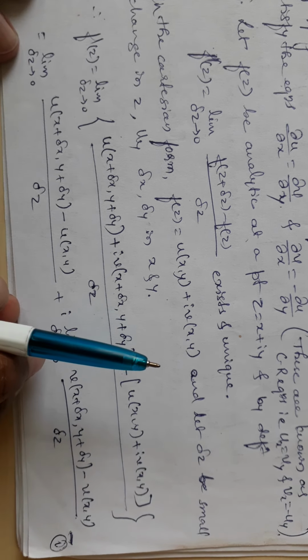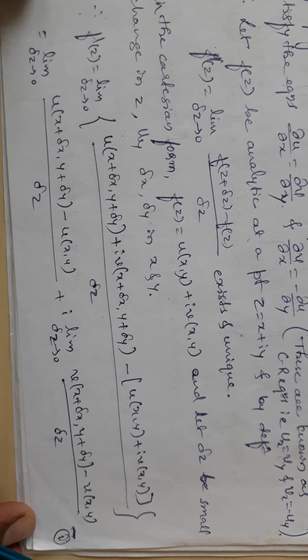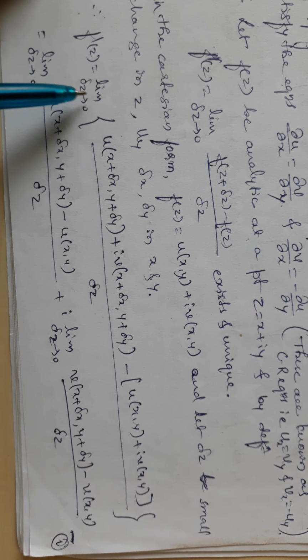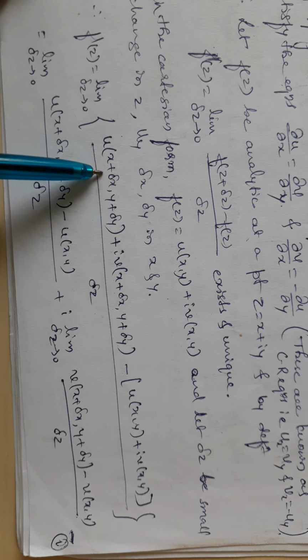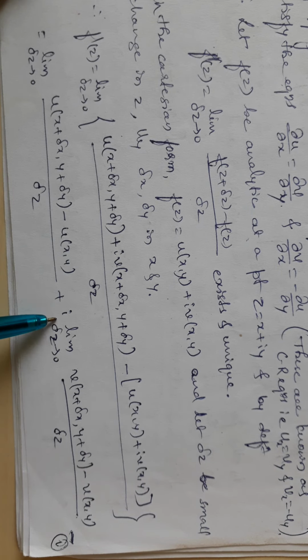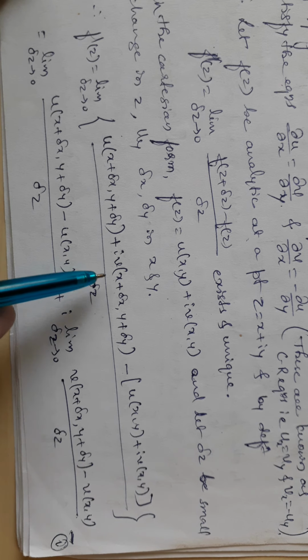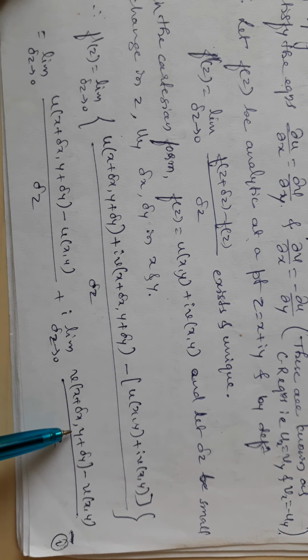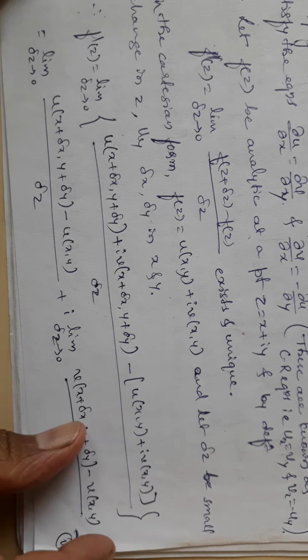Here we can take real and imaginary parts separately, that is limit delta z tending to 0, u of x plus delta x comma y plus delta y minus u of x y, plus i, which I will take outside, limit delta z tending to 0, v of x plus delta x comma y plus delta y minus v of x y, divided by delta z. I can call this equation number 1.